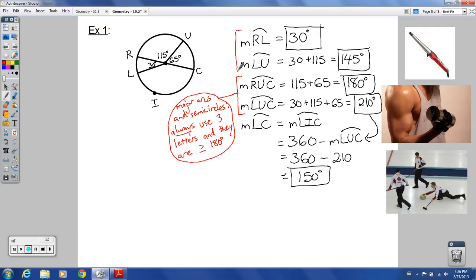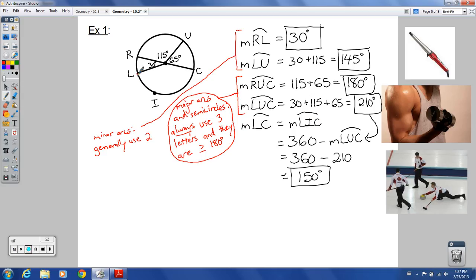These two are examples of minor arcs. I'm running out of space here, so I'm going to do this over here. So minor arcs. You'll generally use 2 letters. But in this case, like I had it here, just because it has 3 letters, don't assume that it's a major arc.